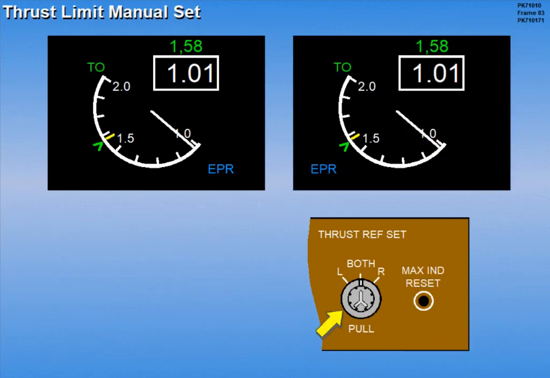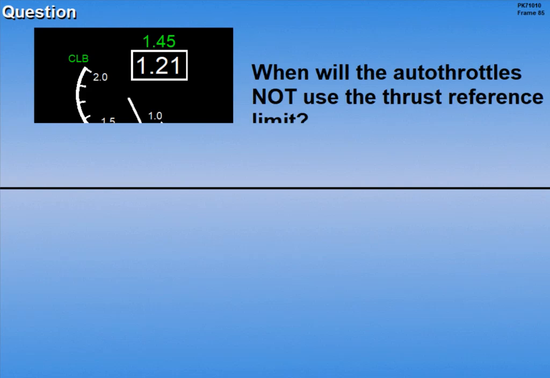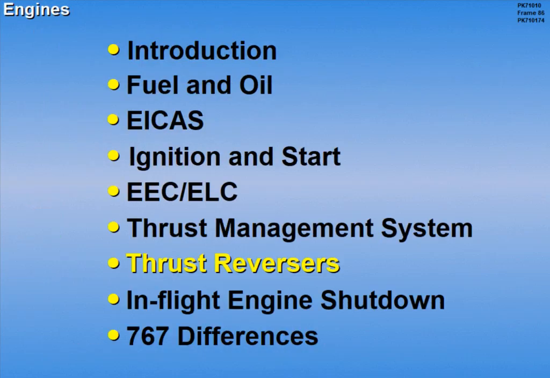The outer control selects the EPR indicator to be set. The thrust reverser system is discussed next.